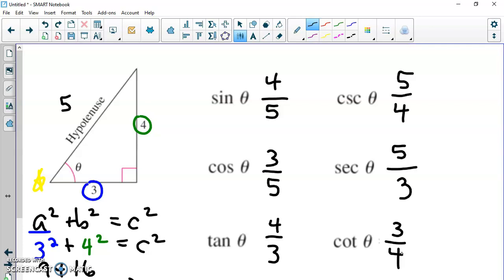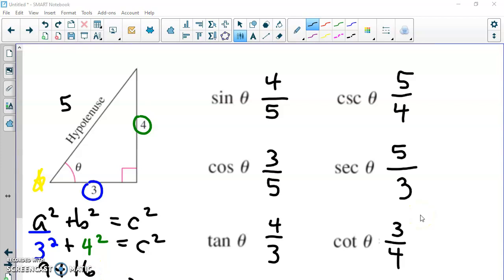Will your side lengths always be integers? The answer is no. Sometimes your hypotenuse might be something crazy like the square root of 21, and you might have to rationalize your denominators for any of the 6 trig functions if there's a square root on the bottom.